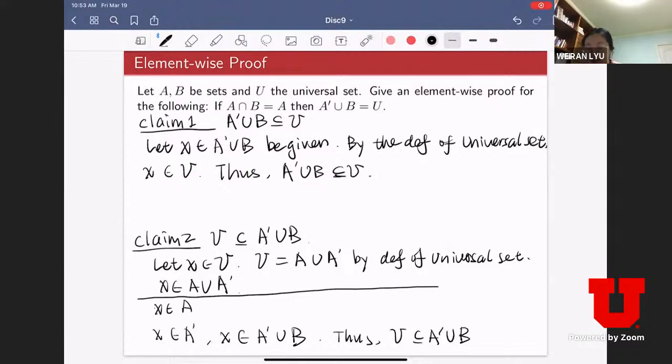So for the case where x belongs to A, there's another statement that we haven't used, which is the assumption here.